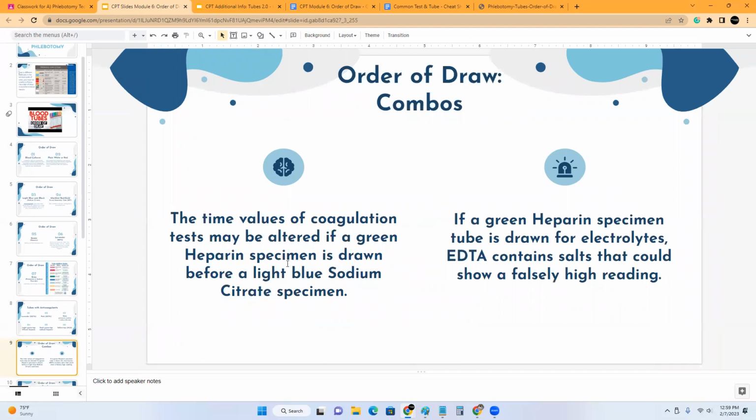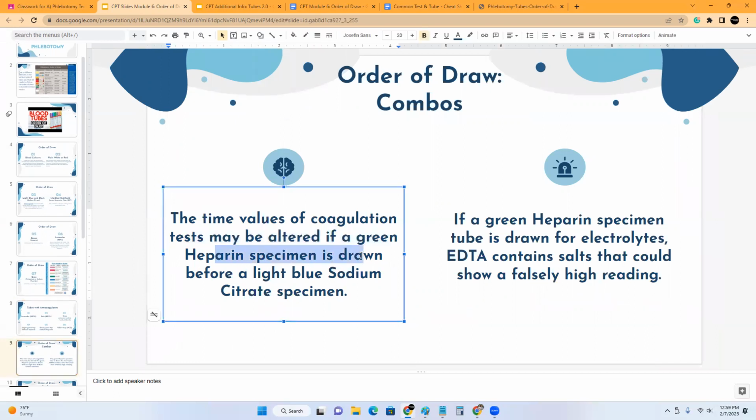The time values of coagulation tests may be altered if a green specimen or heparin is drawn before the light blue. That's why you want to make sure your light blue comes first. The heparin tube will also draw for electrolytes. And because an EDTA contains salt, it can throw off the electrolyte balance. That's why you have to do the green one before the purple one.